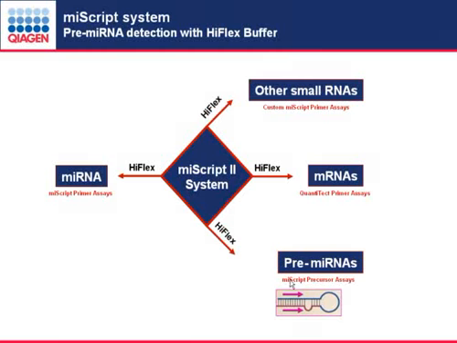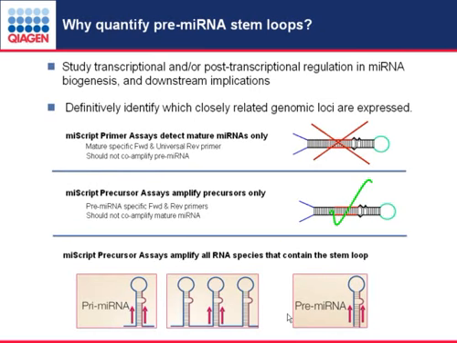So now I'd like to turn to what you can do with the HiFlex Buffer. And as I mentioned previously, using the miScript II system with HiFlex, you can quantify mature microRNAs using miScript primer assays, small RNAs using custom assays, mRNAs using QuantiTect primer assays, and precursor microRNAs using miScript precursor assays.